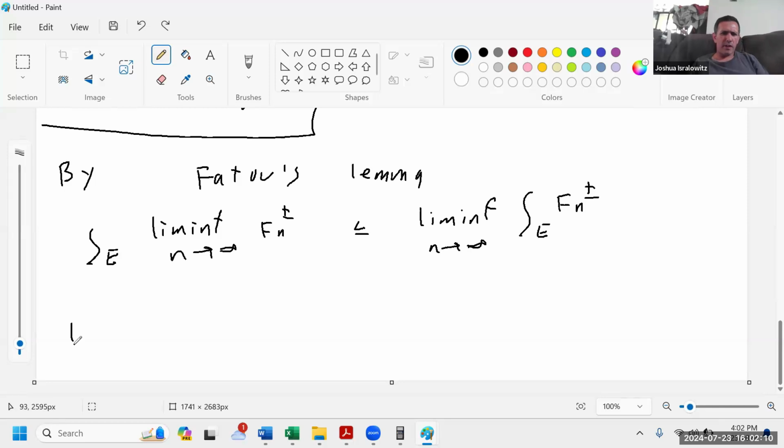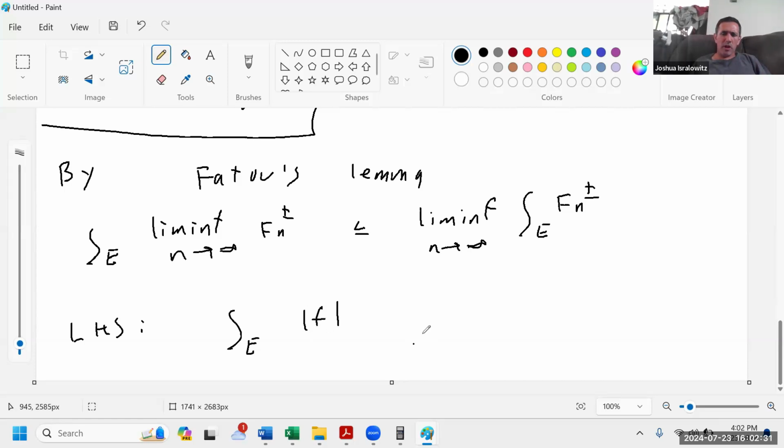So let's do the left-hand side first. I think when I started this problem off with what I'm doing now on the board, I didn't really use it until this point, so I'm not sure it was very smart.